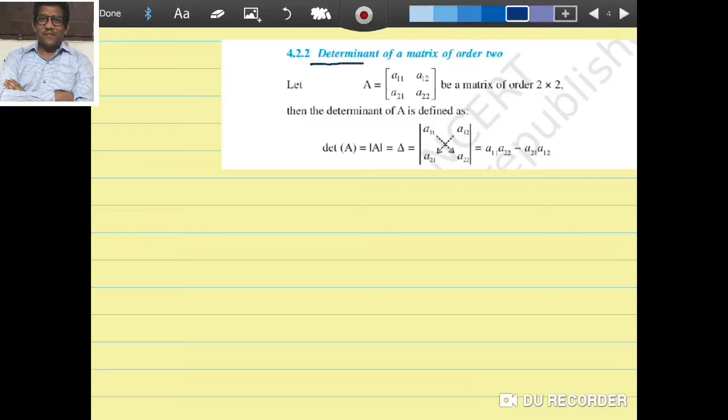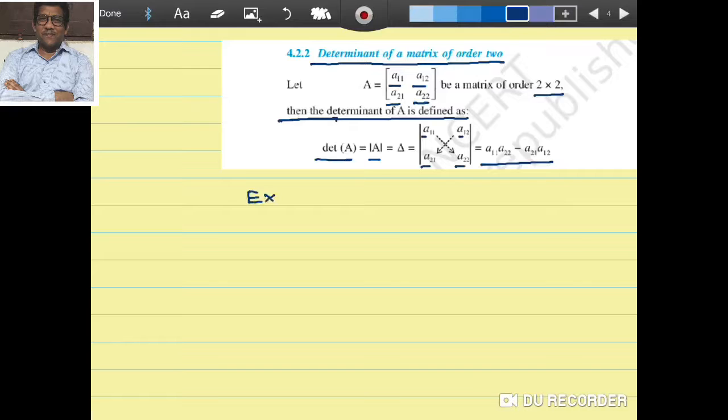Determinant of a matrix of order 2. Let matrix A is equal to [a11 a12; a21 a22] be a matrix of order 2 cross 2. Then the determinant of A is defined as determinant A is equal to |a11 a12; a21 a22|, which is a11 multiplied with a22 minus a21 into a12.